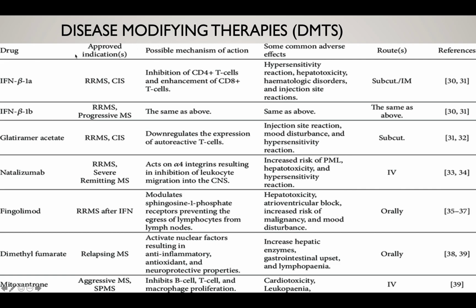You cannot say this drug is corticosteroids or acute treatment of relapses, right? These are all disease modifying therapies, and most of them are indicated for relapsing remitting. Maybe the last one is for aggressive secondary progressive multiple sclerosis.